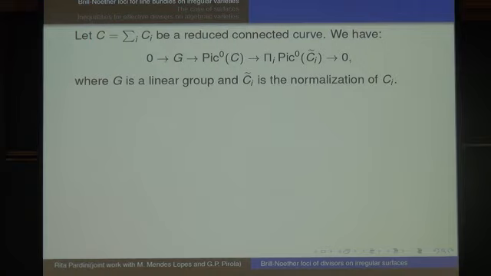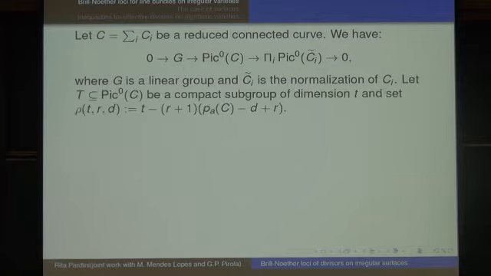In my applications, it will be a curve on a surface, but it doesn't have to be. And it's reduced, connected, and then you know that the Jacobian of the curve has a compact part, which is the product of the Jacobians of the normalizations, and the kernel of this natural map is a linear group.